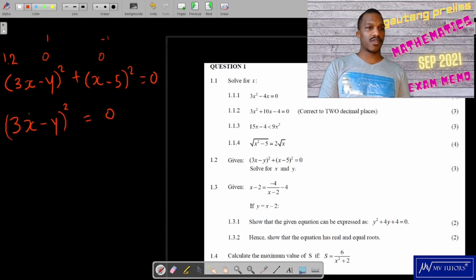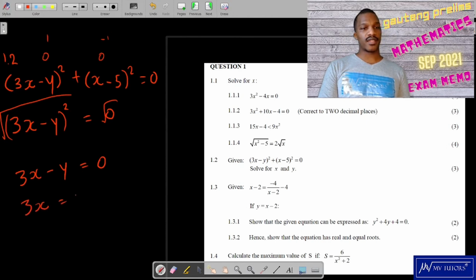So first of all, I need to get rid of the square, so I square root both sides. Square root of 0 is 0. So I'll have just 3x minus y is equal to 0. And then I can just say y is equal to 3x, I just took the y to the other side. Now I'm going to do the same for this one. I'll take it as it is first.